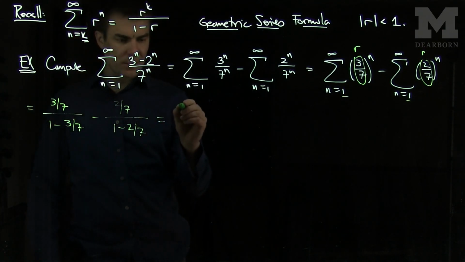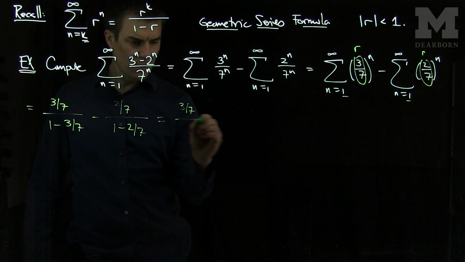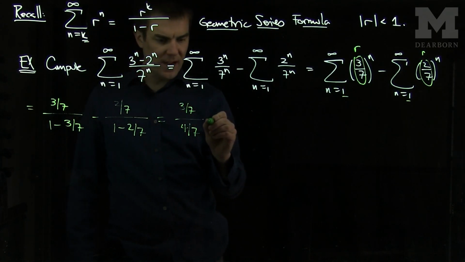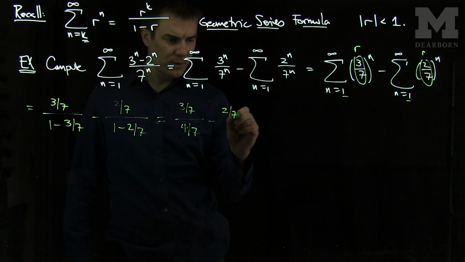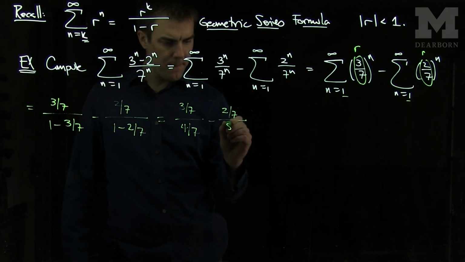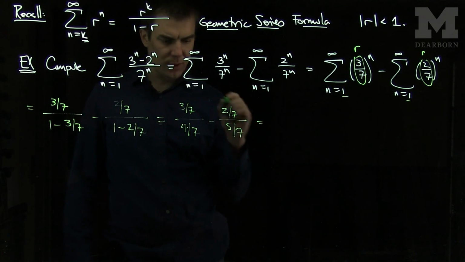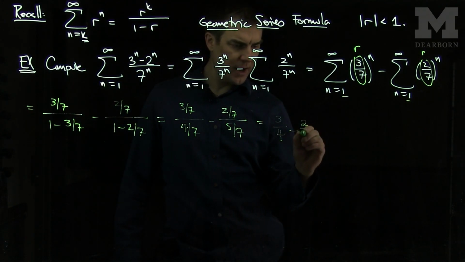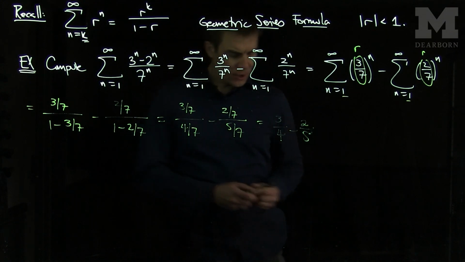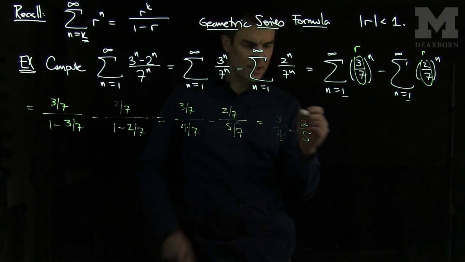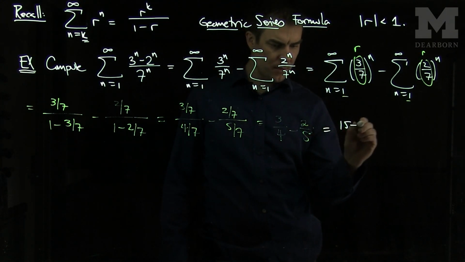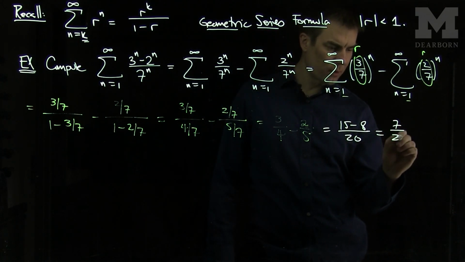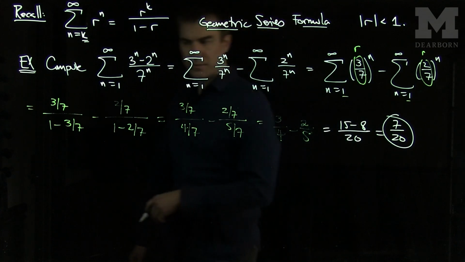The first is 3 over 7 over 4 over 7, and the second is 2 over 7 over 5 over 7. So this will be 3/4 minus 2 over 5. Adding these together, we get 15 minus 8 over 20. So the sum will converge to 7 over 20.